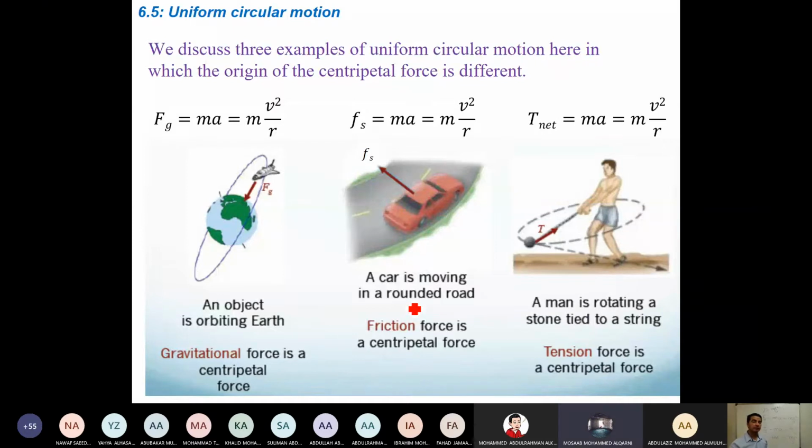So do you mean that the car, according to the center of the circle, is static? It is static. Let's say this is your roundabout, and you are going in the roundabout like this. Your car goes in a circle.